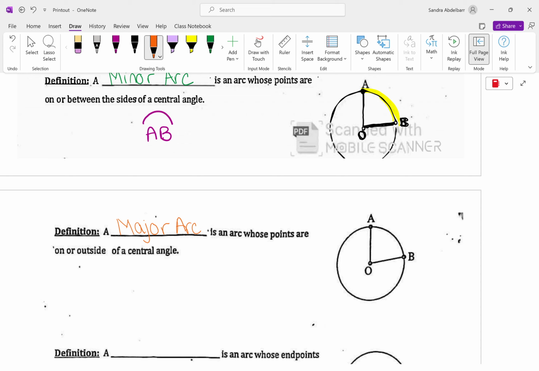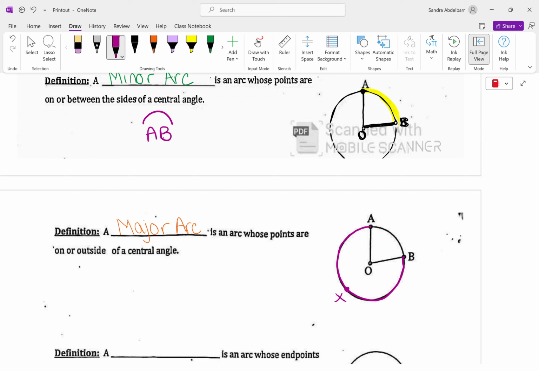Now, how do we distinguish between a minor arc and a major arc? The way you distinguish between them is there needs to be a third point. So if I'm taking the path from A, the long way to B, we need a third point. Let's call this X. So this is saying go from A to X to B. Take the long way around.